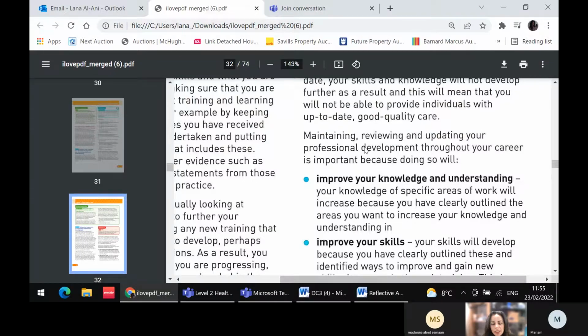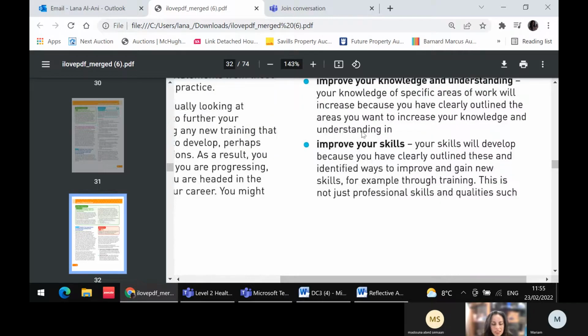Your knowledge of specific areas of work will increase because you have clearly outlined the areas where you want to increase your knowledge and understanding. So you always need to do the CPD, because this will improve your knowledge and understanding further, and also improve your skills.